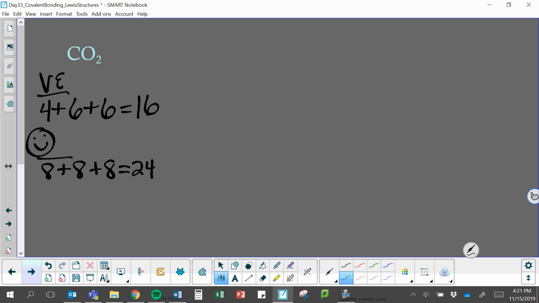We only have 16, so we need to figure out how many bonds we're going to have in order to make everybody happy, because we have to have some sharing going on. So our number of bonds is going to be 24 minus 16 divided by 2. So we're going to have 3 bonds.